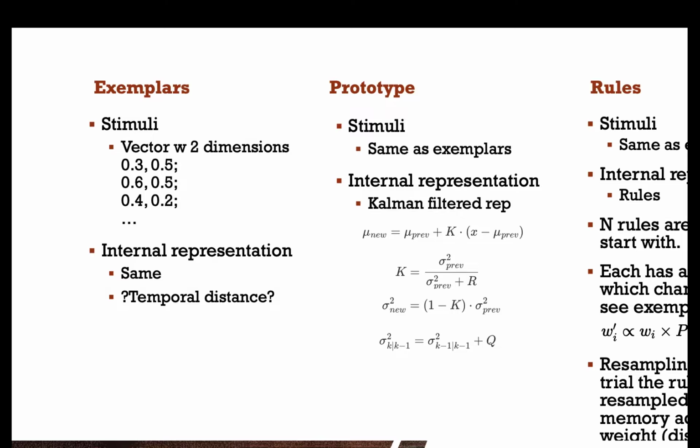Then as we get to another exemplar, if this one also keeps being crap, we might say times epsilon. And this one keeps being right, so we say times 1 minus epsilon.